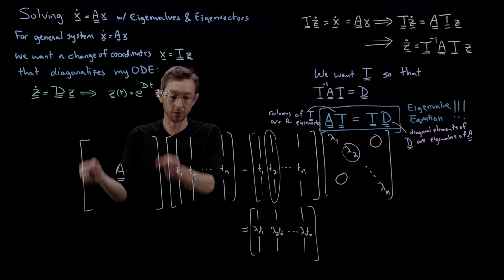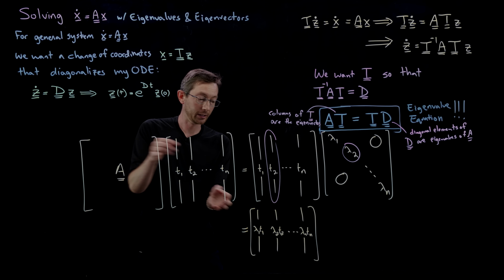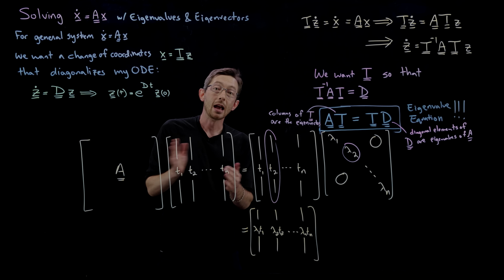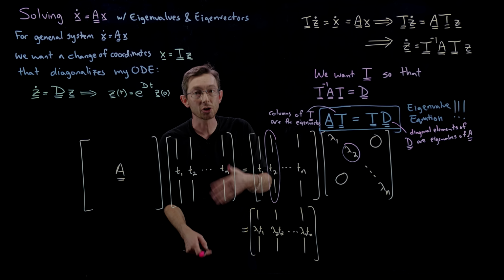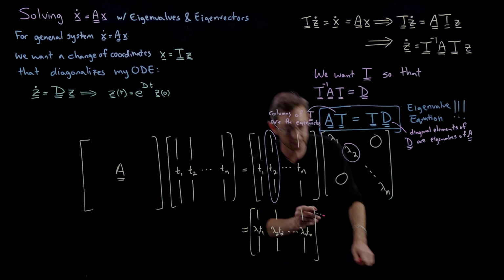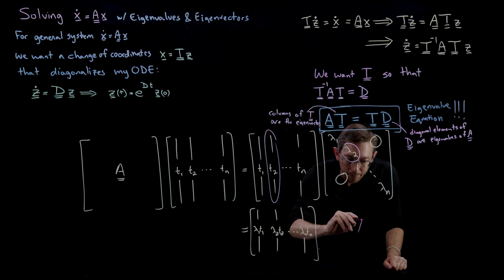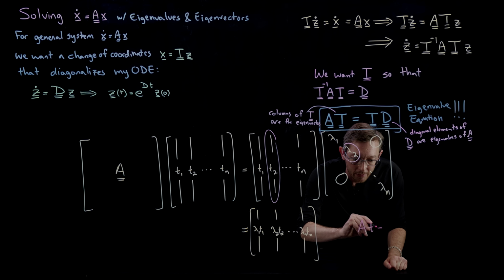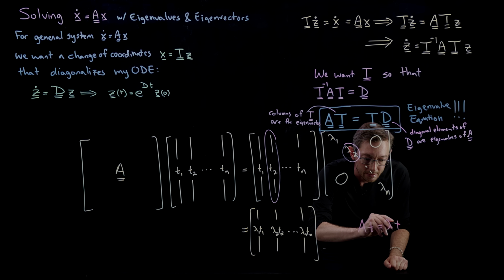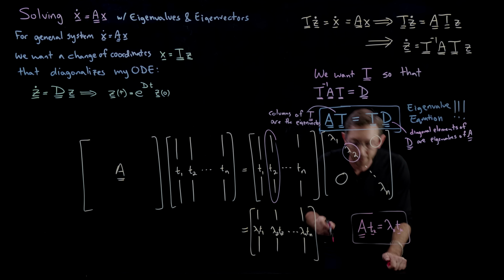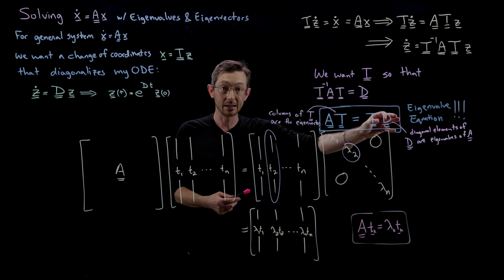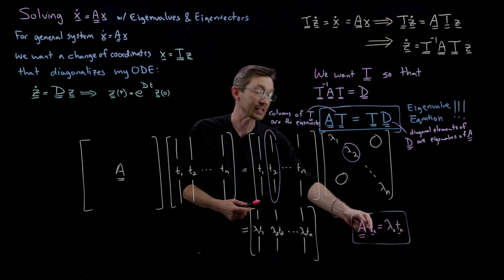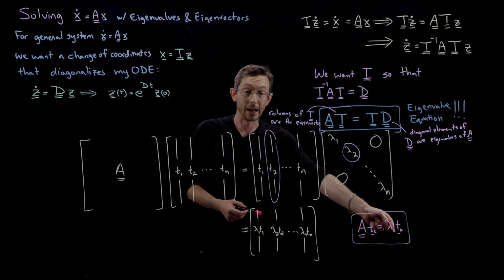A times T2, the second column of this product, is going to equal lambda 2 T2, and so on and so forth. I'm going to get a bunch of equations that look like A times Tk equals lambda k times Tk. For the kth eigenvector and the kth eigenvalue, this is going to be true. So you can write it in this matrix system of equations, or you can write it for a specific eigenvector T or eigenvalue lambda.